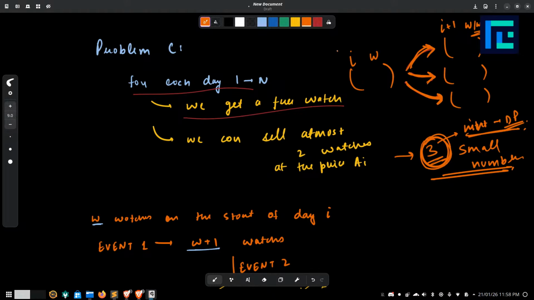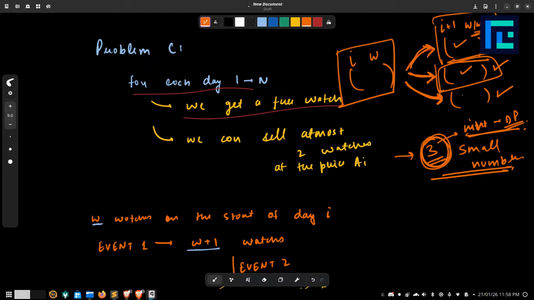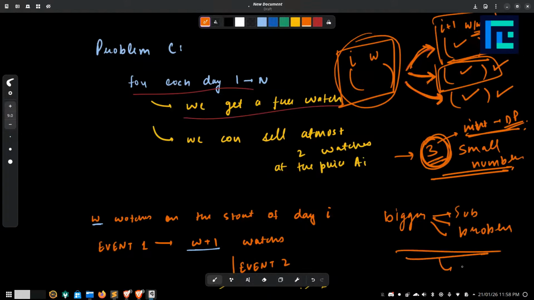So we can see that if I need to solve this problem, what if I already know the answers to these smaller problems? Then we can start seeing them as subproblems of this bigger problem. The bigger problem has three different subproblems, and that is another hint towards DP.